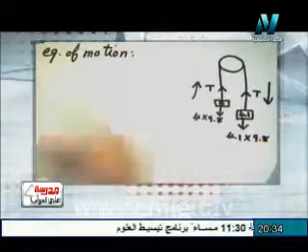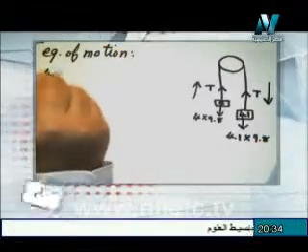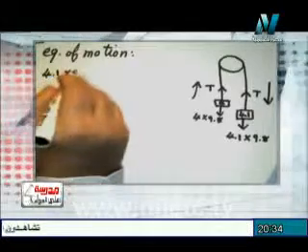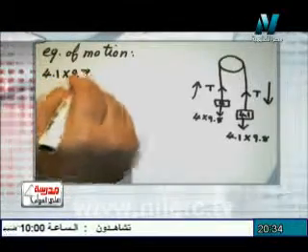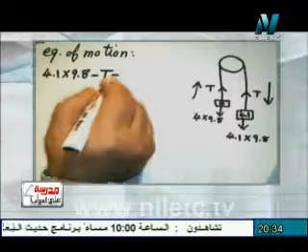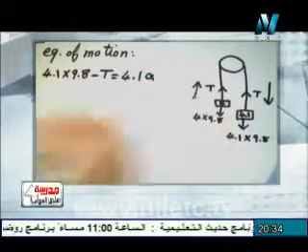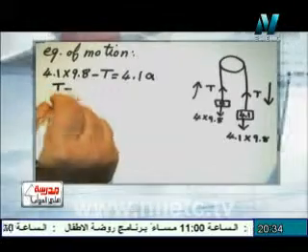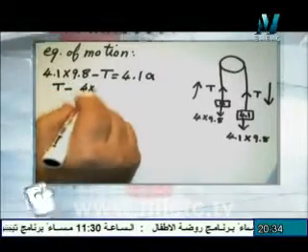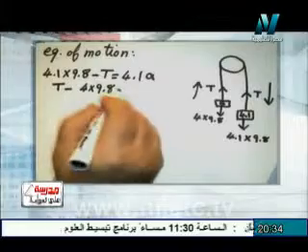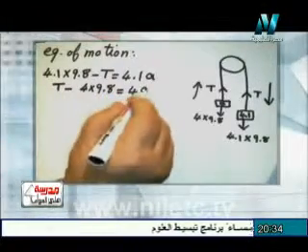For the first, it is 4.1 multiply 9.8 minus T equals 4.1A. Second, T minus 4 multiply 9.8 equals 4A.